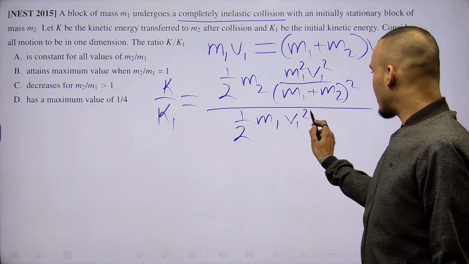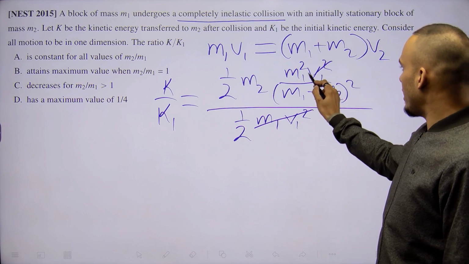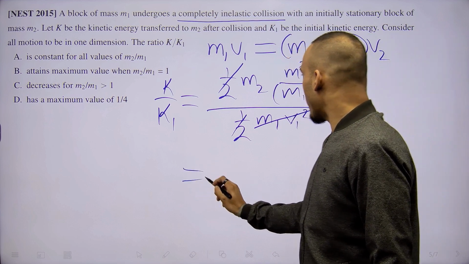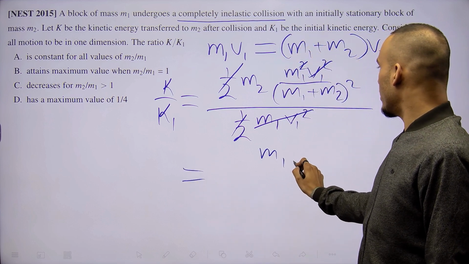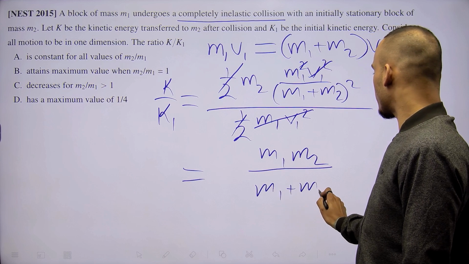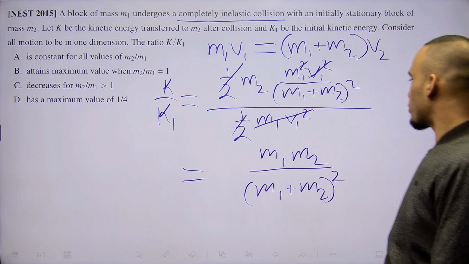Now we can cancel m1 v1 square and the halves, and hence the ratio becomes m1 into m2 upon (m1 plus m2) the whole square.